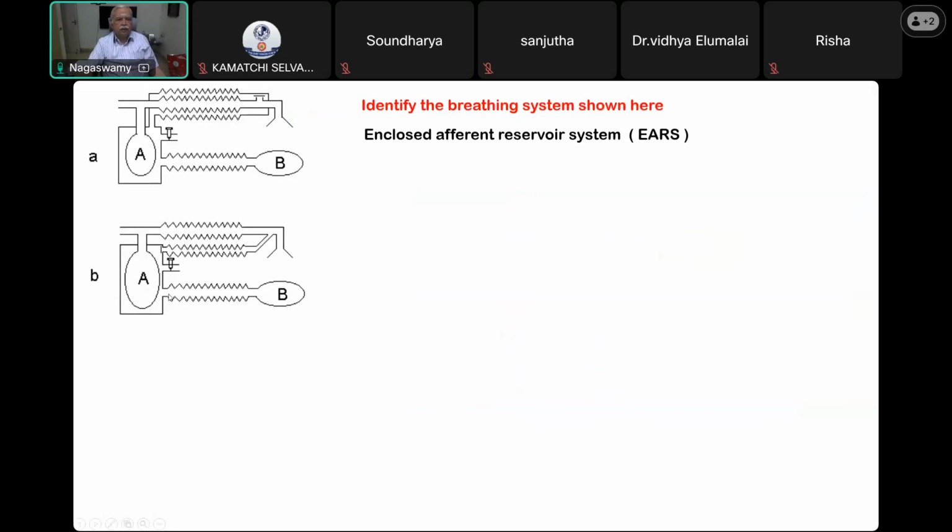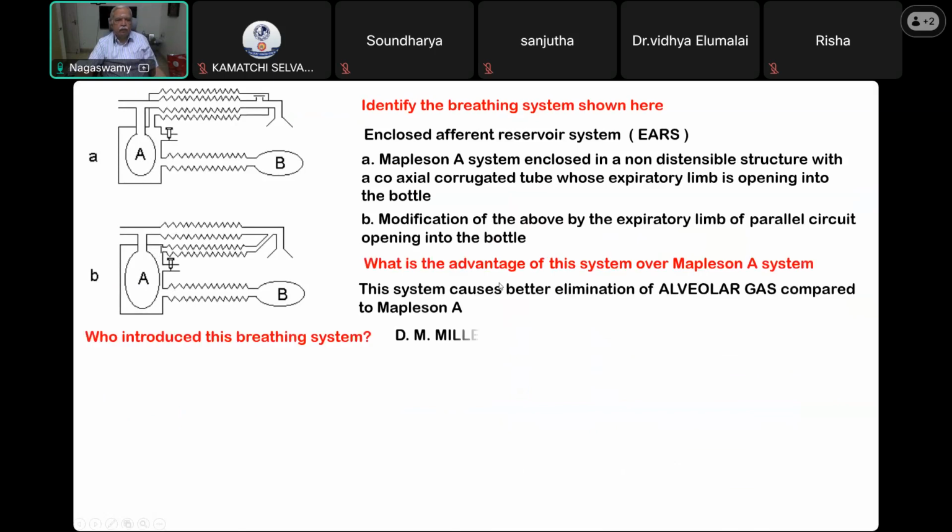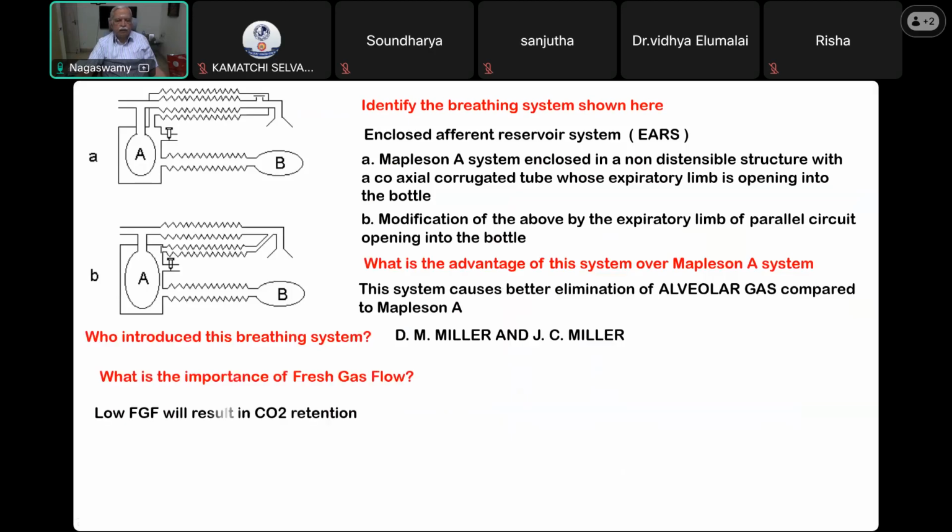The other one, this bottle, is connected as an expiratory limb. So of course it is not very commonly used. And who introduced the breathing system? They are Miller and J.C. Miller.